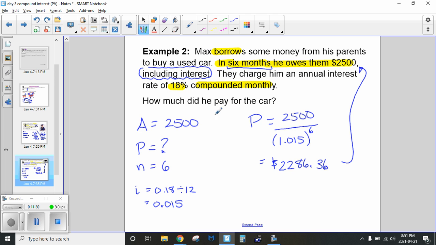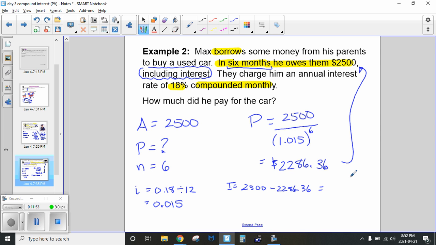He had to pay back 2,500. So there's 220-ish dollars of interest he owed them. If you're curious how much, we could actually subtract the final amount minus the principal to see how much interest his parents charged him.